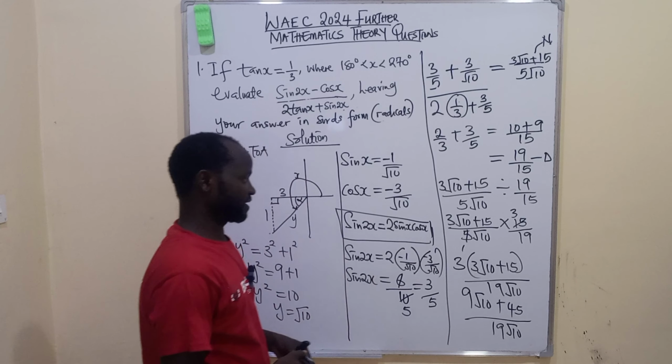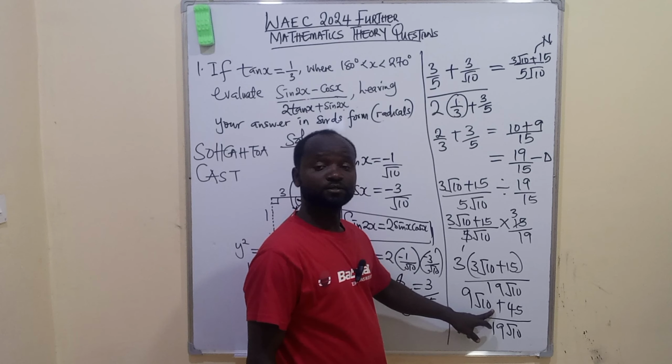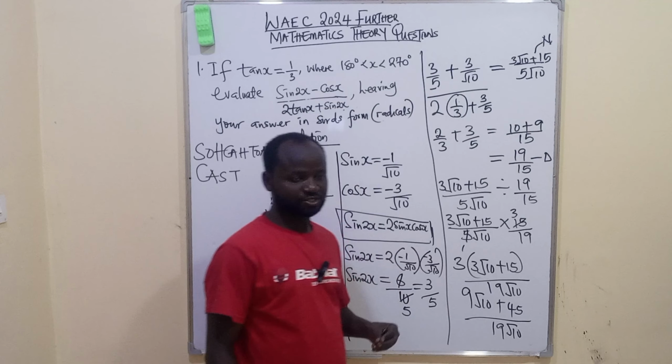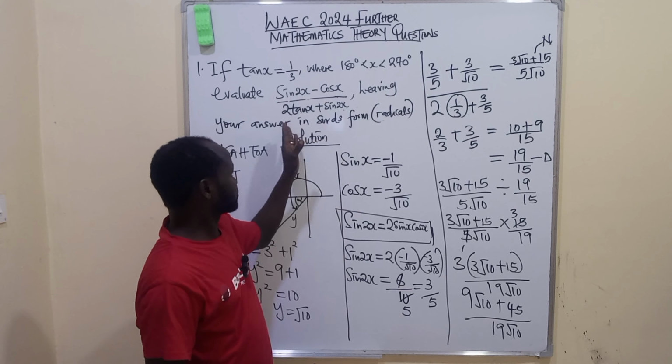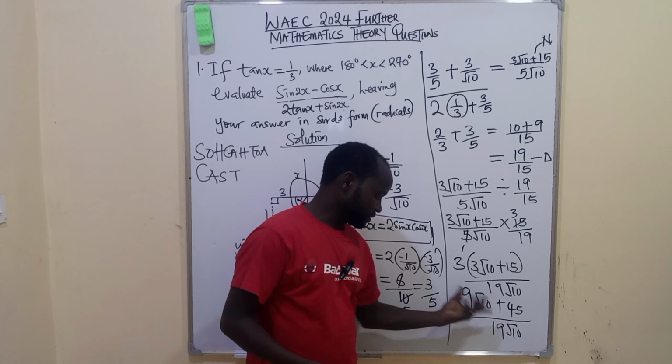So this will be my final answer: 9 root 10 plus 45 divided by 19 root 10. We are asked to leave our answer in short form, and this is in short form.